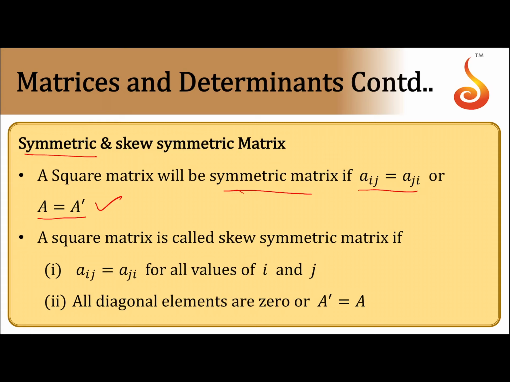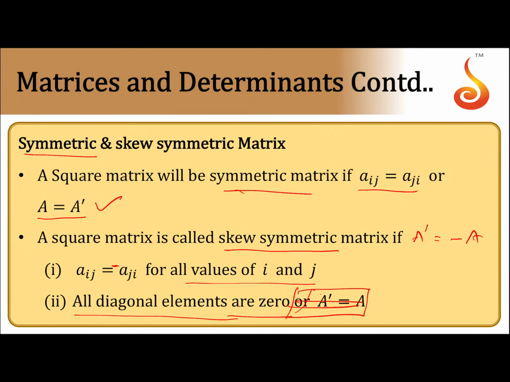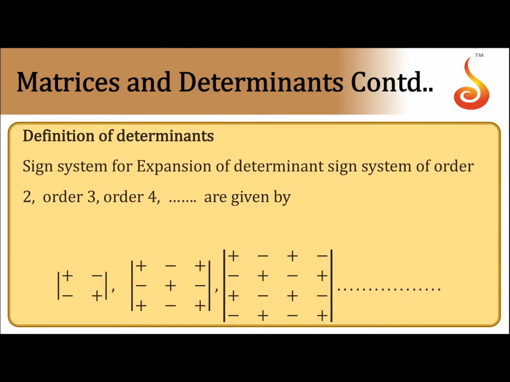But a square matrix is called skew symmetric if A transpose is equal to minus A. It means Aij is equal to minus Aji for all i, j. And of course, all the diagonal elements of a skew symmetric matrix are necessarily zeros.